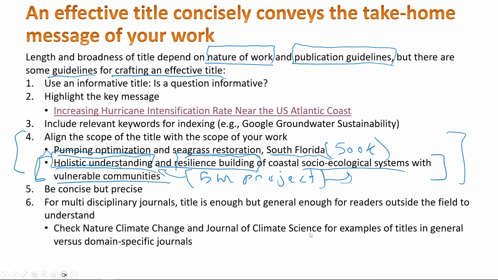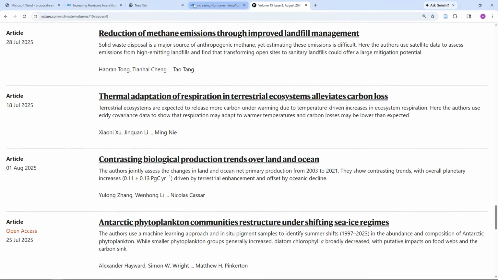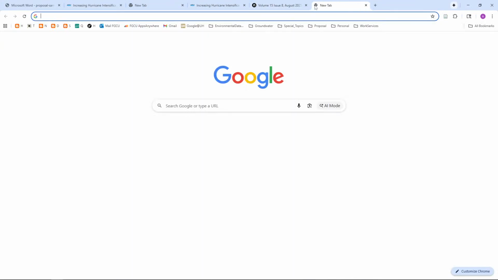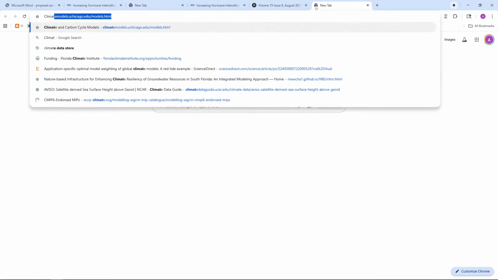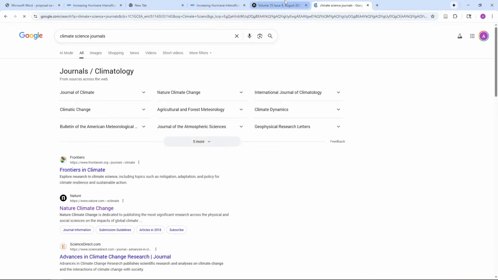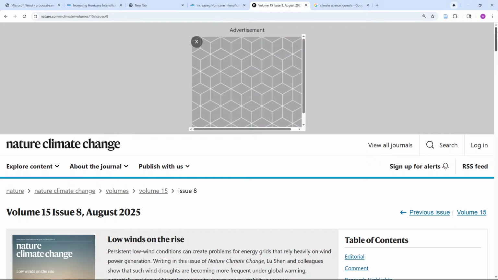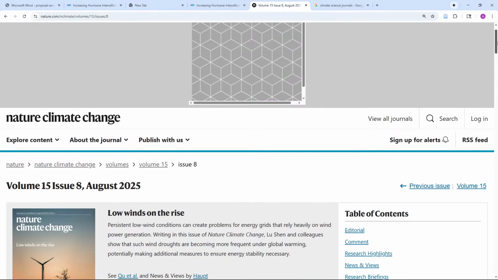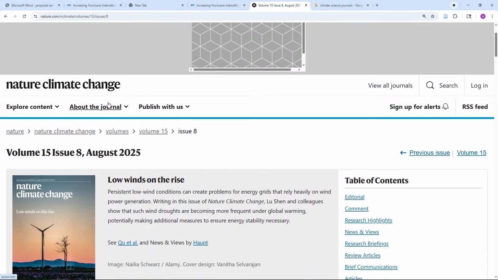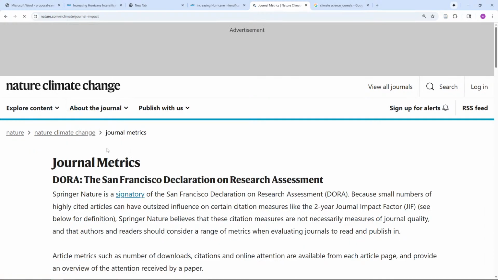Climate science would be a domain specific journal. So let's look here, climate science, climate. And again, it's a good journal. Let's check the impact factor of this one so we can learn a little bit more about this journal. In journal metrics, let's check the impact factor.